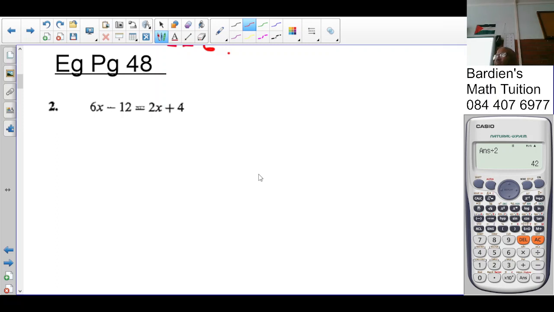So, what's the first step we need to do? Isolate the x's. Okay. So you're going to put the x's one side, numbers other side. Isolate the x. So do your thing.